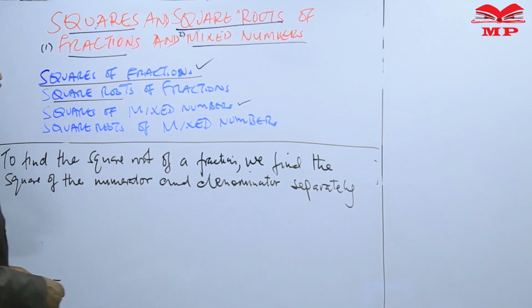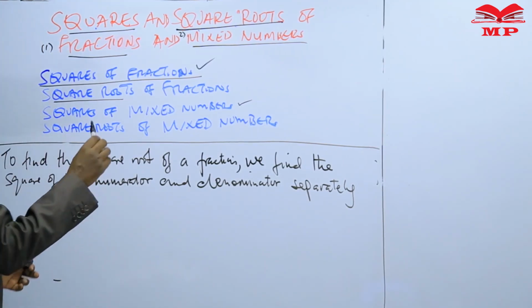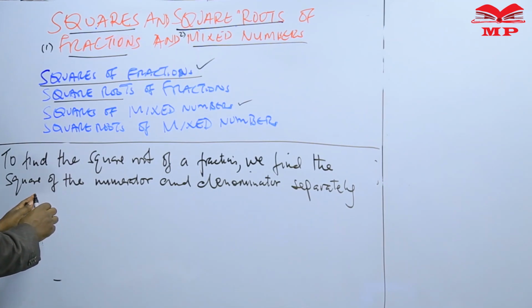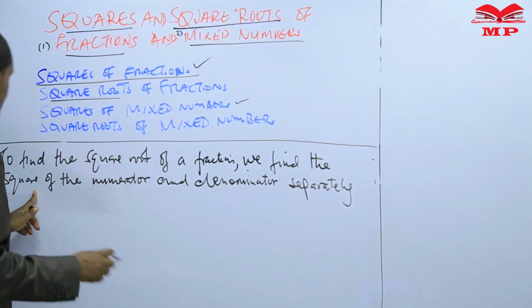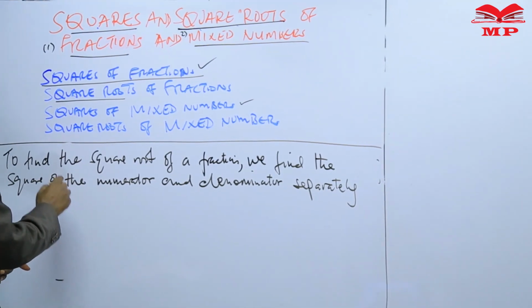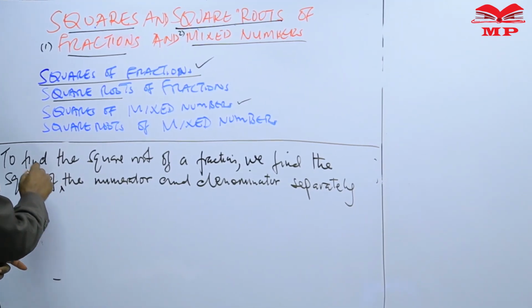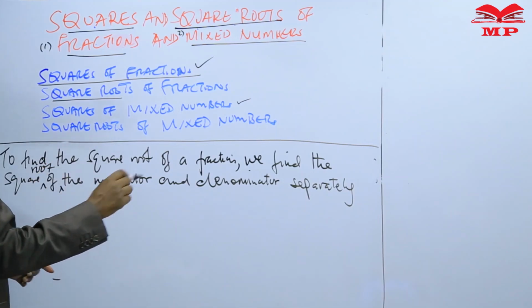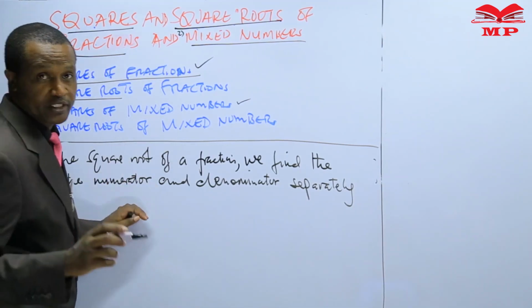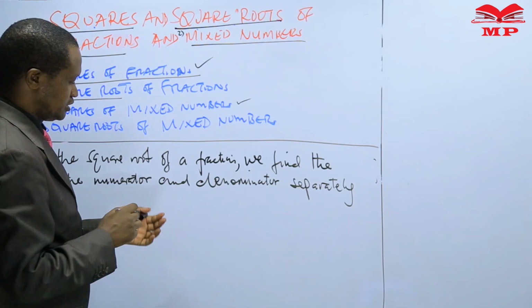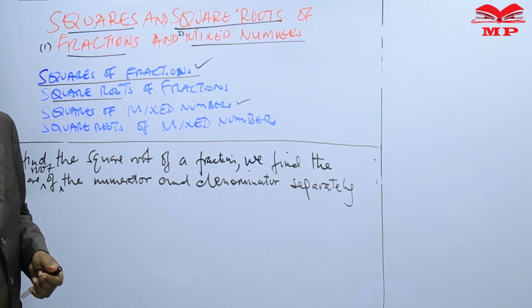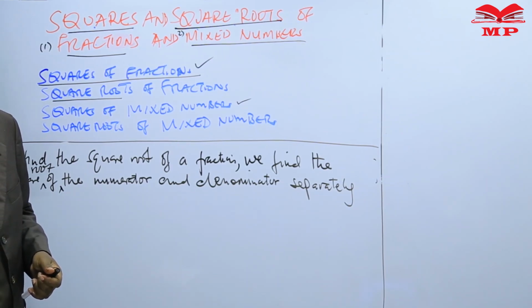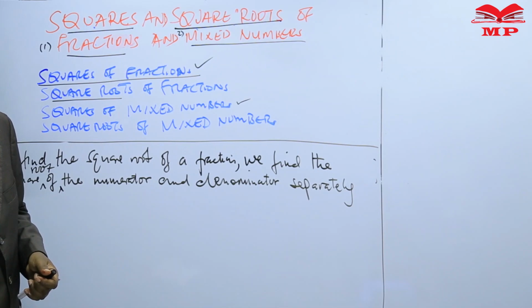If you want to find the square root of a fraction, find the square root of the numerator and the denominator separately. So for an example, we'll take exercise 21, question 3.